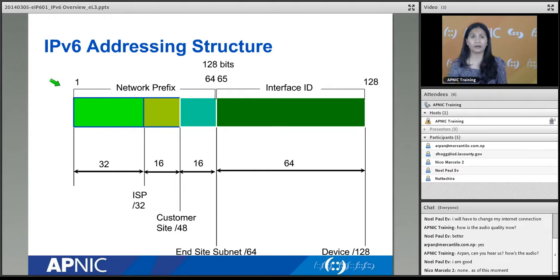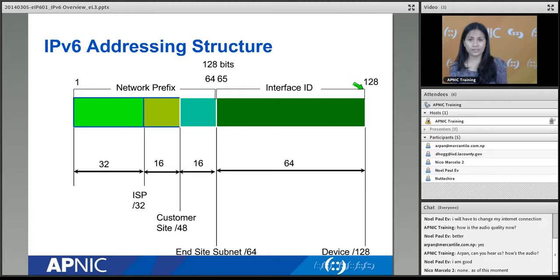Now, somewhere in the middle here, at bit number 64 and 65, we have a division. We divide our IPv6 address into two: a network prefix and an interface ID. Okay, so your network prefix, you can think of it as similar to IPv4 structure. In IPv4, we have the network bits and the host bits, right?